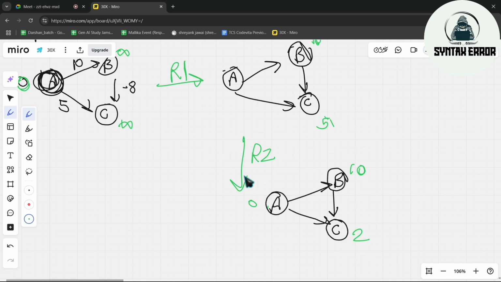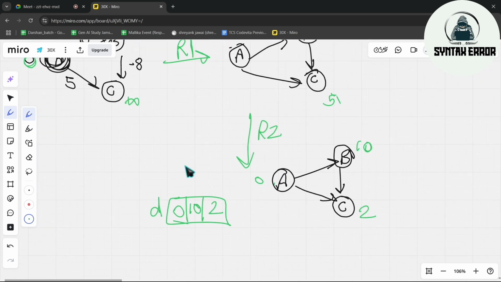After relaxing 2 times, which is v minus 1 times, we got our final answer d as 0, 10 and 2. From A, the shortest distance to A is 0, to B is 10, and to C is 2. So this is our final d answer. What we used is the Bellman-Ford algorithm.